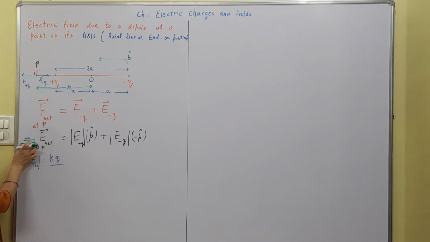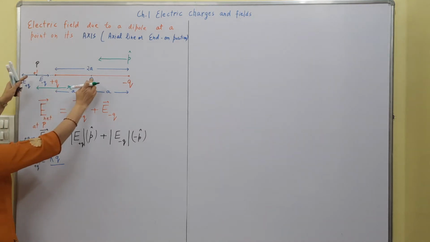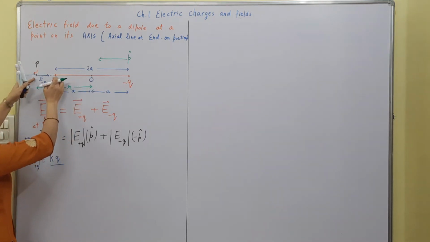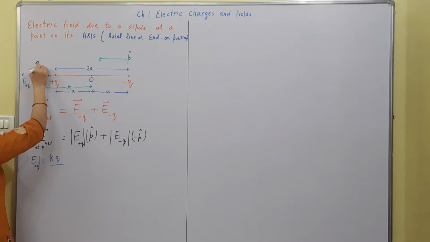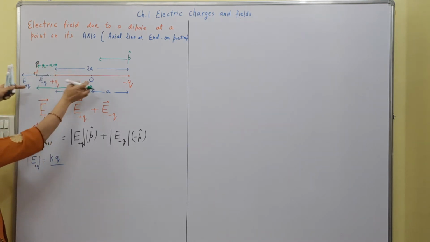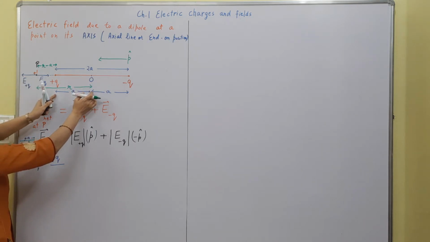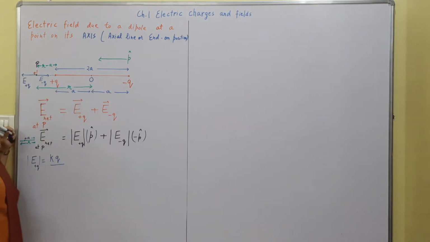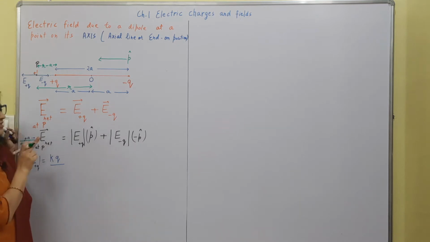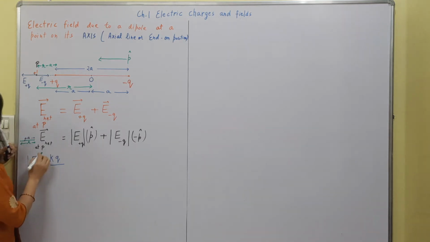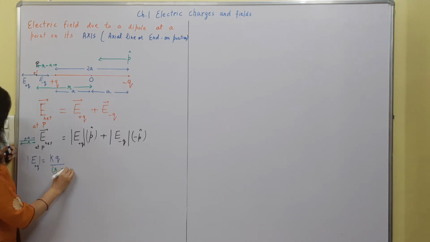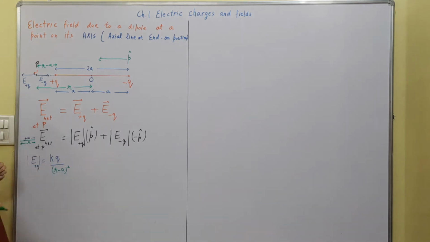This separation will be R minus A. So this total minus this gives you this separation. So this separation is R minus A. I hope this is clear. This complete is R. This is A, because we have taken the distance of the point from the center of the dipole as R. So this will be R minus A whole square, right?